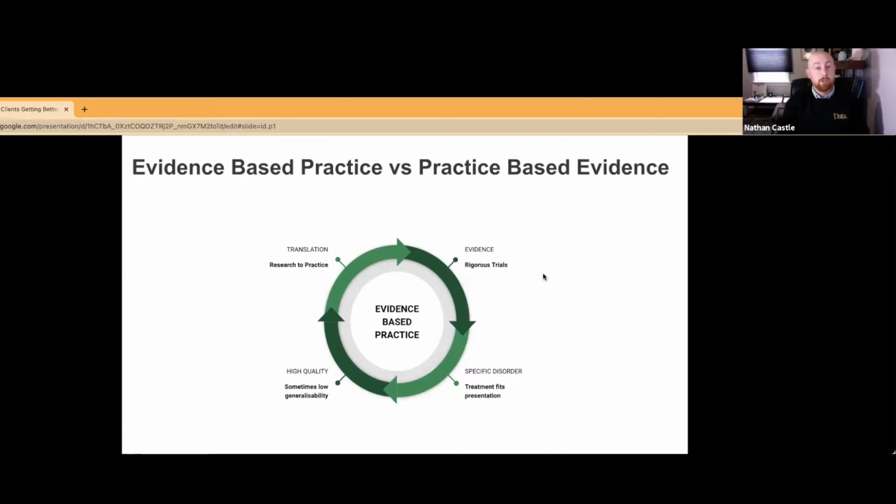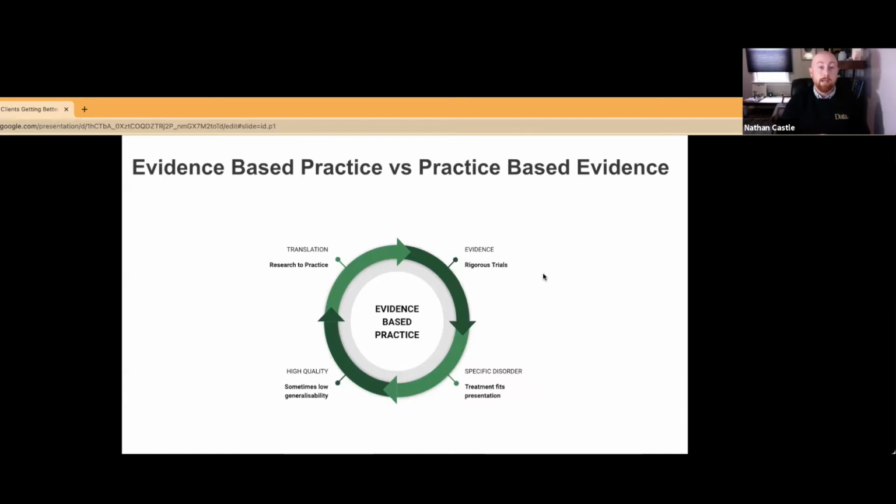The research findings are developed from rigorous trials, often with a lot of participant exclusion criteria. So for example, if it's a trial about depression, that client who also uses cannabis or has an alcohol dependence certainly wouldn't be in that study. And the research evidence provides information about the general efficacy of a treatment approach for that disorder.